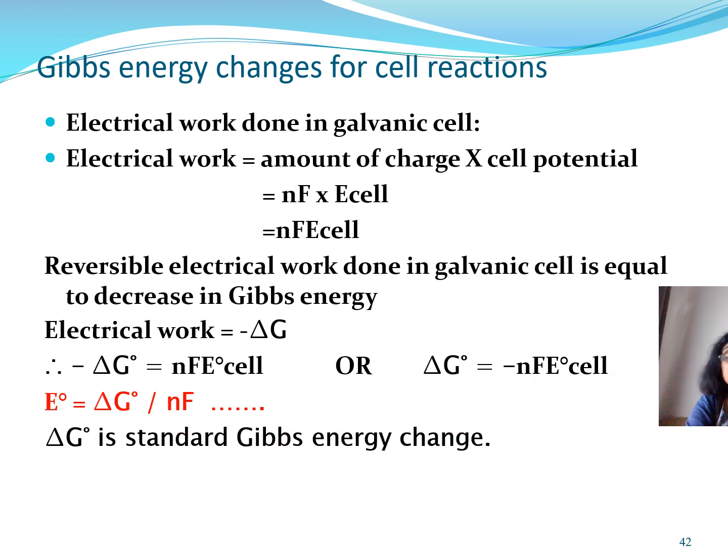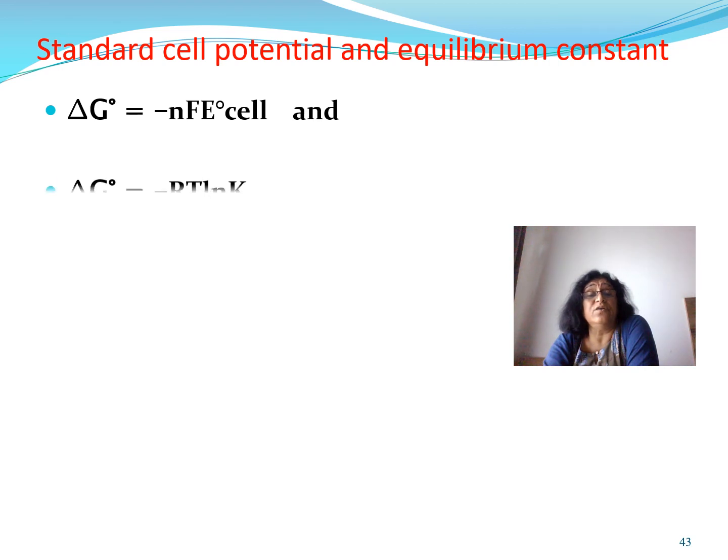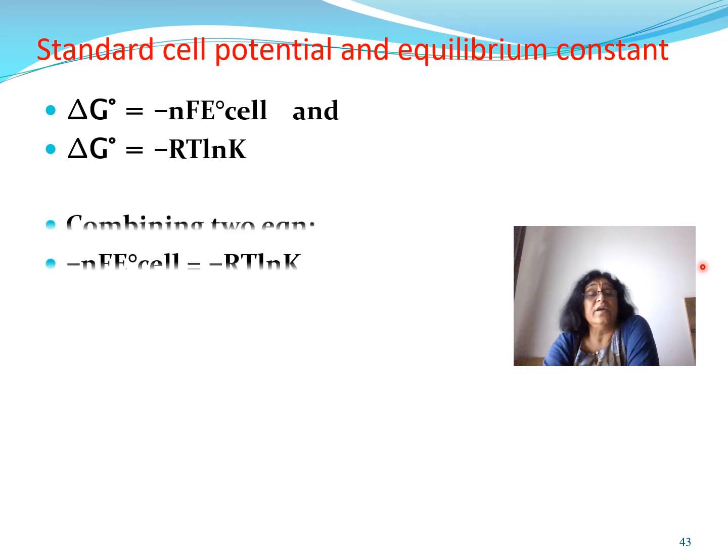So delta G naught is nothing else but the Gibbs free energy change. Now delta G naught is equal to minus NFE naught cell, and delta G naught is also equal to minus RT ln K. So we can find the relationship between standard cell potential and the equilibrium constant. What is K? The equilibrium constant.